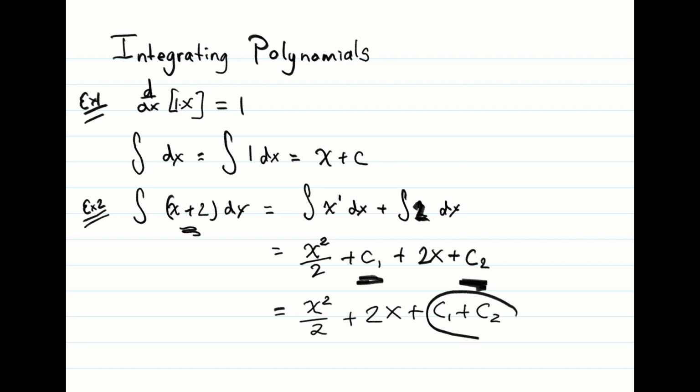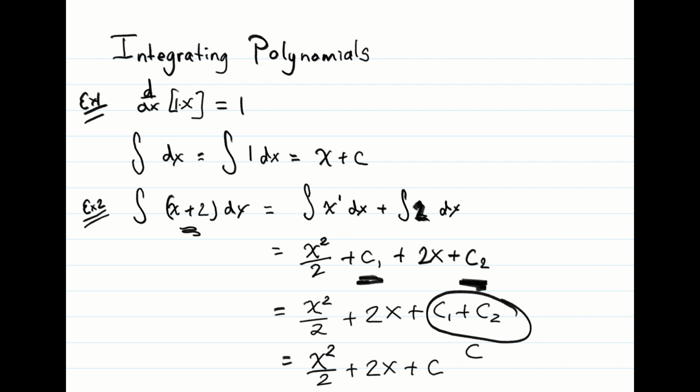This c1 plus c2 is just going to be another constant. Let's call it c3, but then at this point we just start naming every single c value. So let's just say that the result of adding all these constants together is just going to be a constant c. Algebraically, this is equal to x squared over 2 plus 2x plus a constant c.